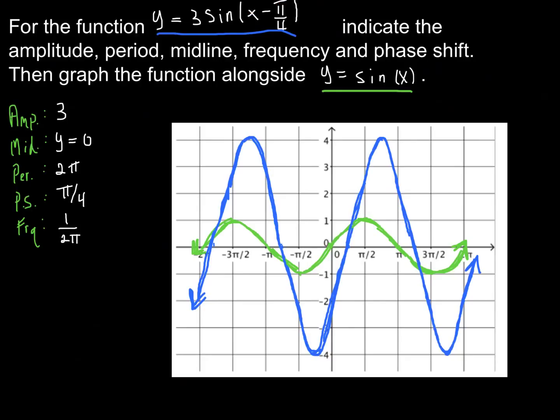You'll notice that the amplitude has increased, it's been stretched vertically, it hasn't been compressed at all horizontally, but it was shifted to the right pi over 4 units, and that's why the maximum points are pi over 4 units further along. All right, I'll have one more for you to try on your own, and then we'll take a look in class.